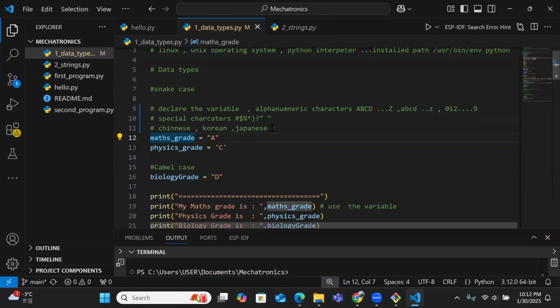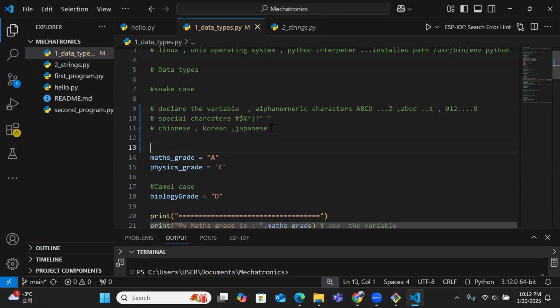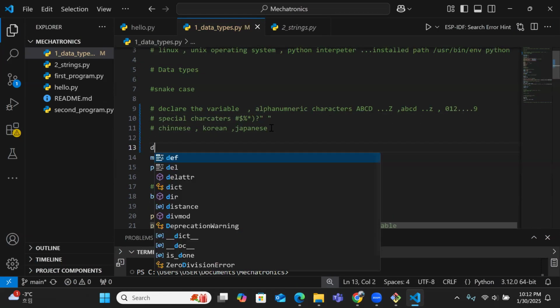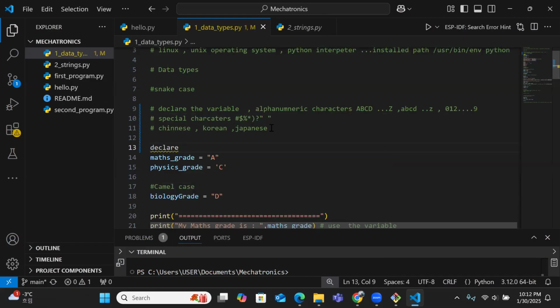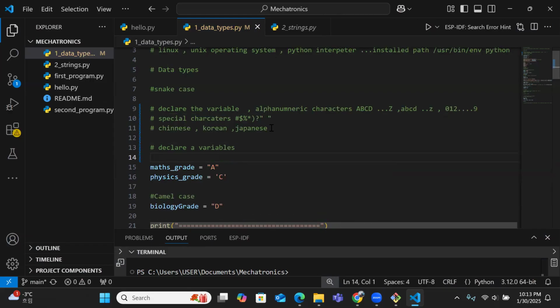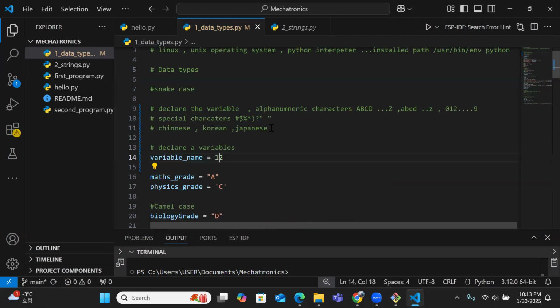So here, with variables, there are two things I need to talk about. There is how to declare a variable. So you say the variable name, and then you say 12, something like that. Variable name is 12. So this is how to declare a variable.